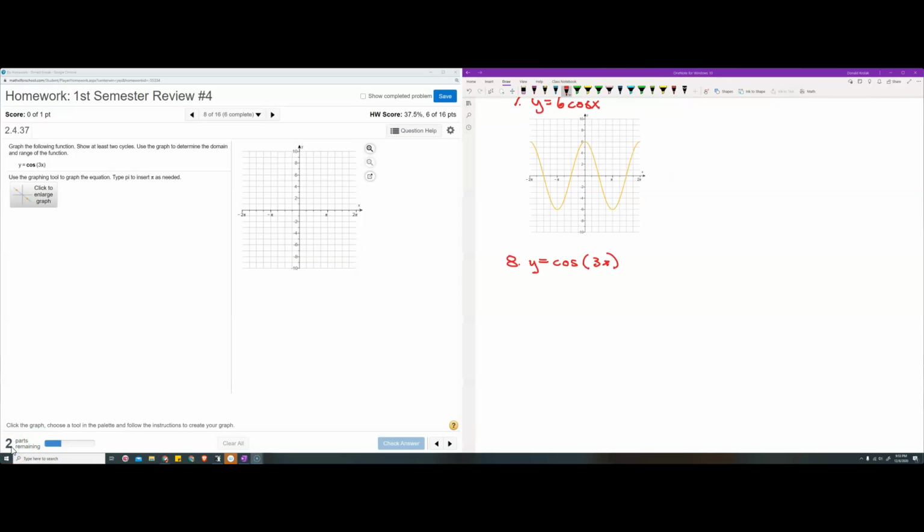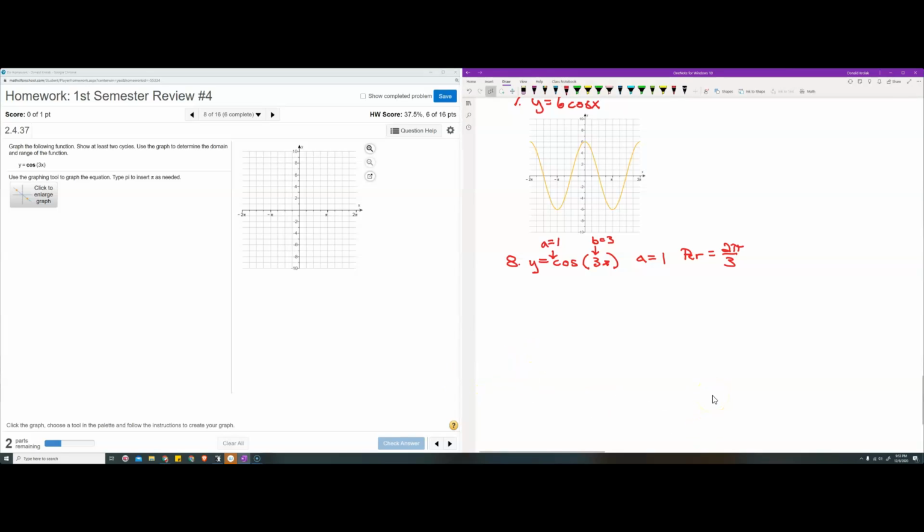All right, our next question is to graph y equals cosine 3x. So we know our amplitude is going to be 1, because that's what A is right here. A is 1, and our frequency is 3. So our period is equal to 2 pi divided by 3.